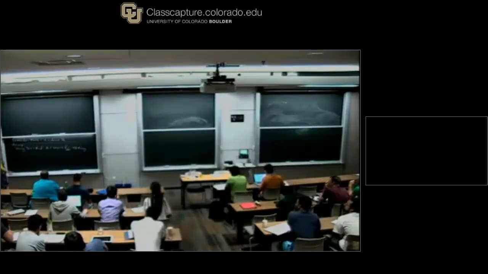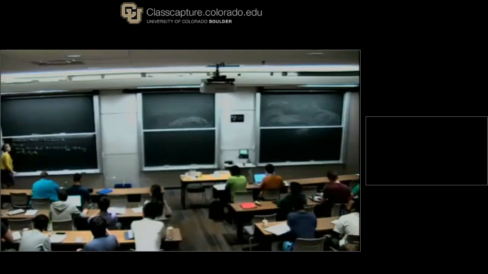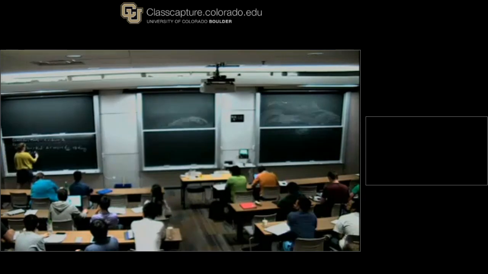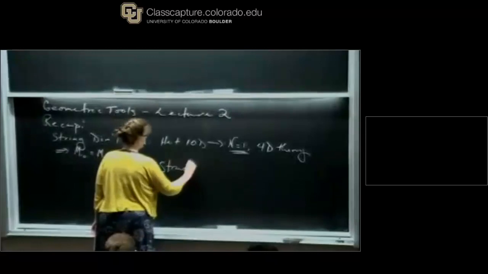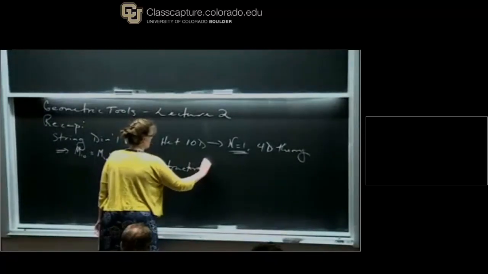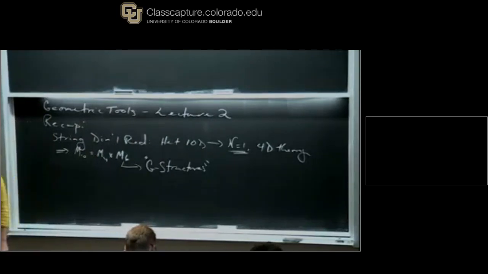And what we saw was that this leads to a characterization. If we write M10 as M4 cross M6, these fermion variations that come from your supersymmetry transformations lead you to an M6, which gives you the idea of G structures. So very loosely, G structures are the existence of a nowhere vanishing spinor of a particular type.